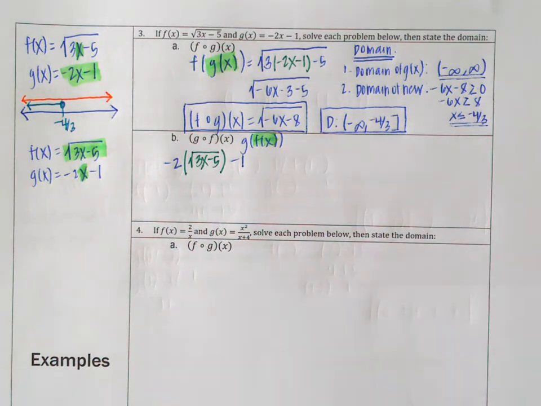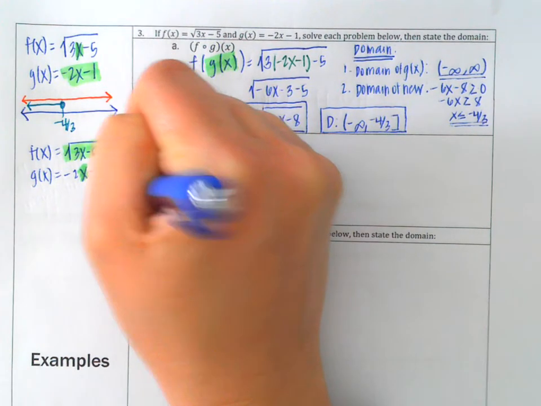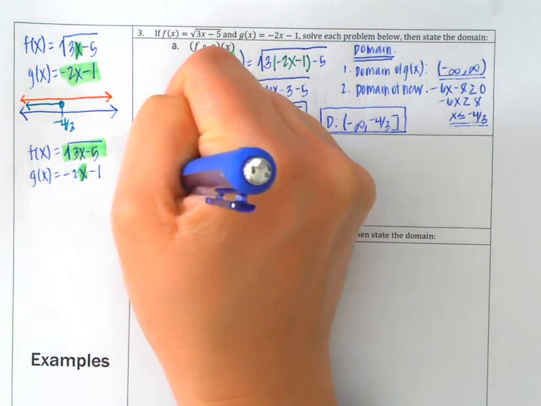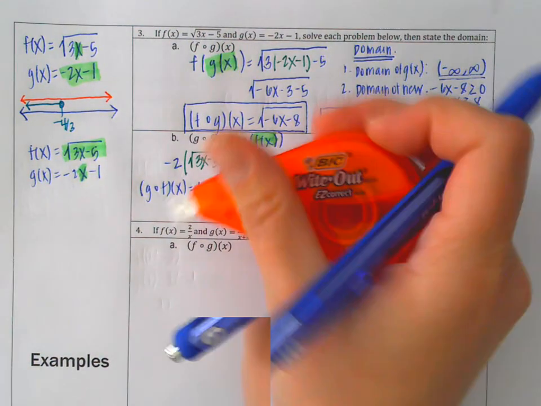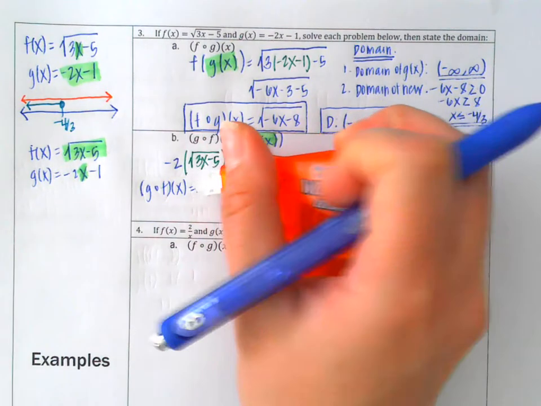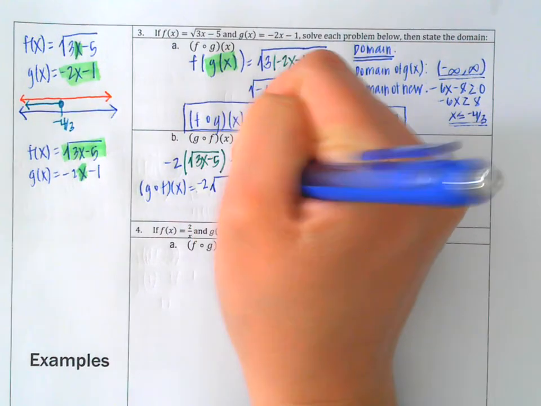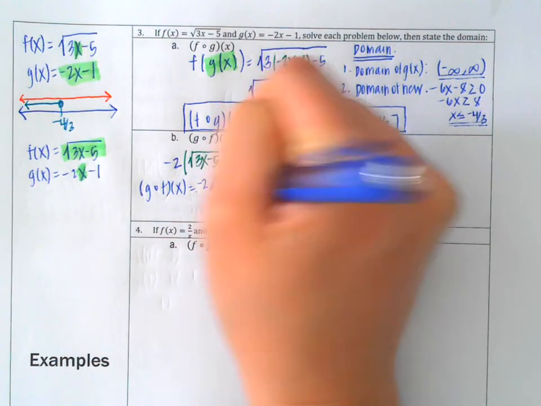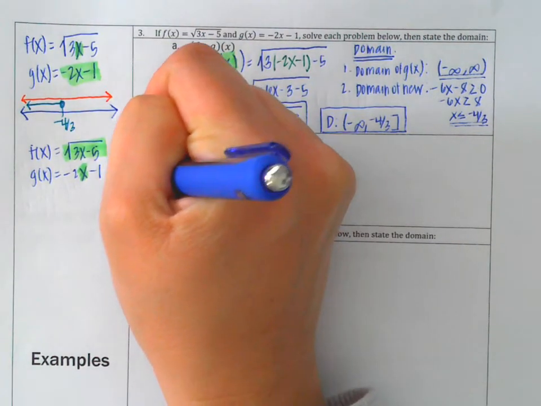The way we would write our final answer is, g of f of x would be equal to, negative 2 square root of 3x minus 5, minus 1. Be careful. The minus 1 is not inside the square root, so make sure you don't put the square root all the way over. So that would be my final answer.